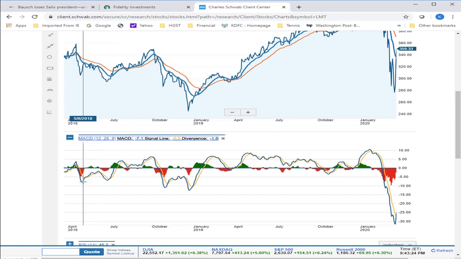So you can say you have a buy indicator here, a sell indicator here, another buy indicator here, and another sell indicator here. And then again, if you keep going, you can continue to have buy-sell indicators.